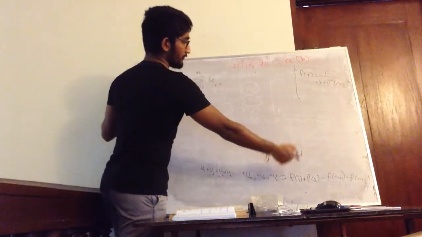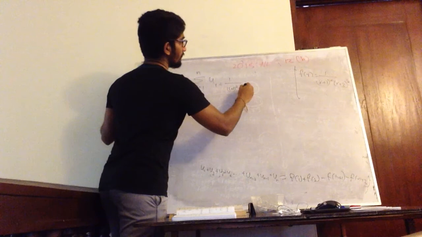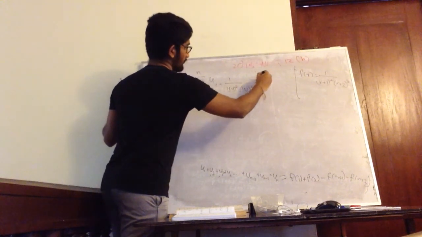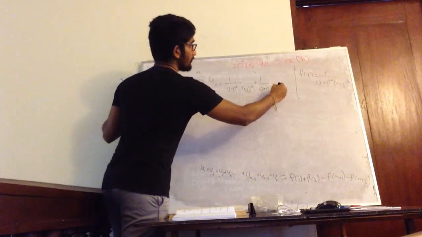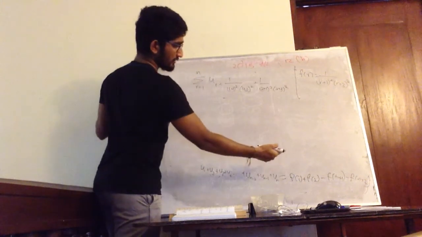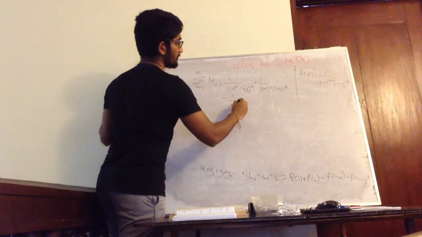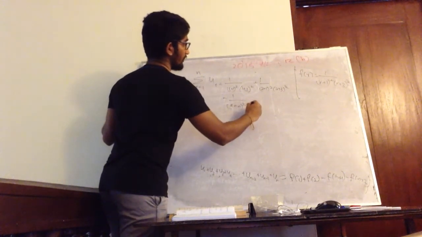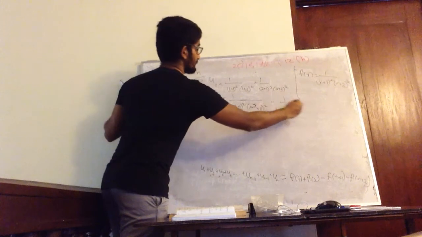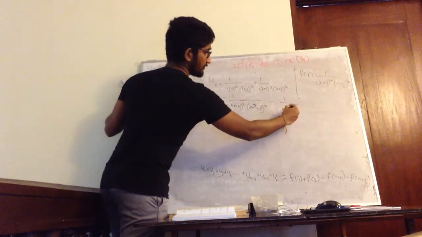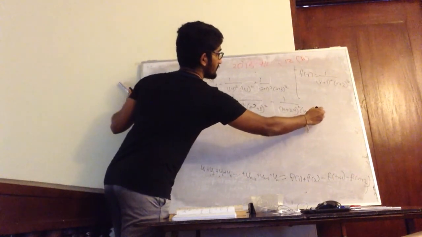So that is f_1 plus f_2. So what is f_1? 1 over (1 plus 1) squared, (1 plus 3) squared, plus 1 over (2 plus 1) squared, (2 plus 3) squared, minus, what is f_(n+1)? That is 1 over (n plus 1 plus 1) squared, (n plus 1 plus 3) squared, and 1 over (n plus 2 plus 1) squared, (n plus 2 plus 3) squared.